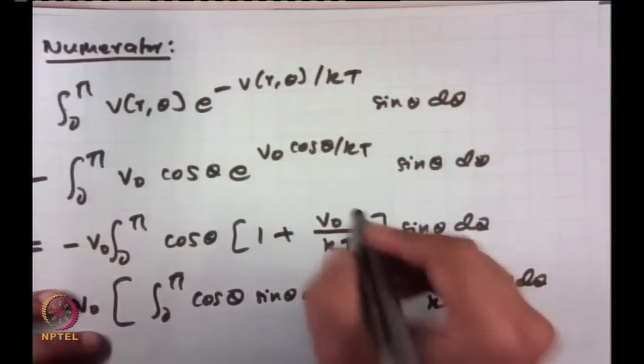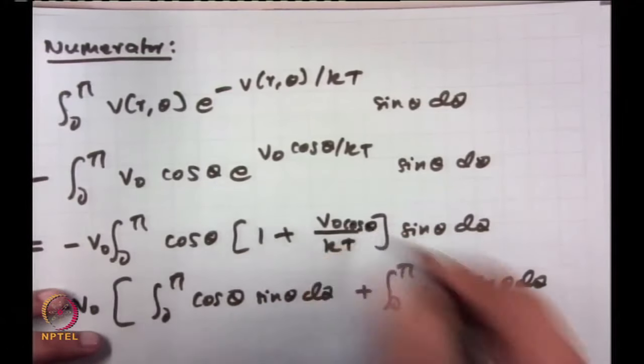I missed one, isn't it? What did I miss? Just check. Okay, what I missed in this case is cosine of theta out here.